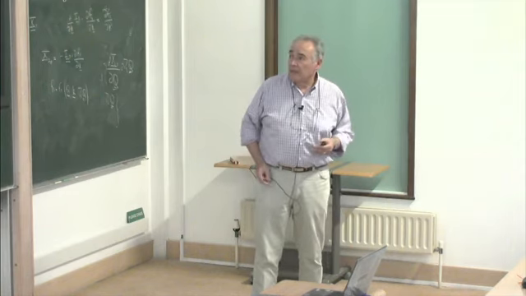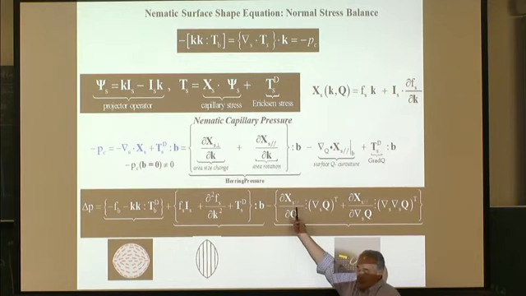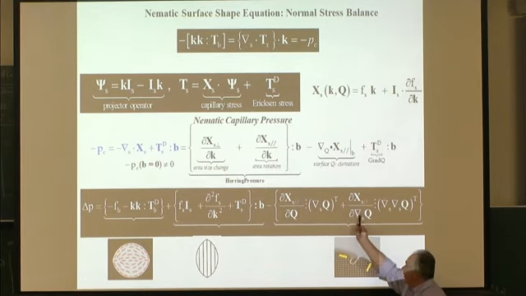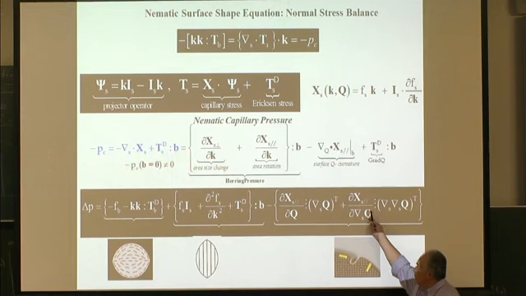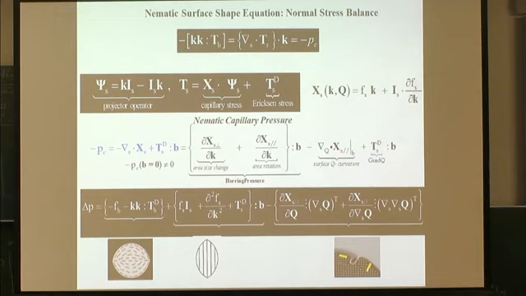If you have L24 terms, these terms are important and non-negligible when you have gradients along the surface.